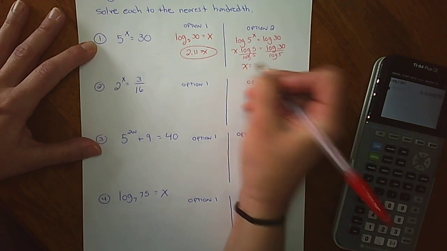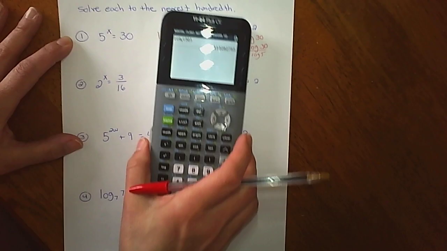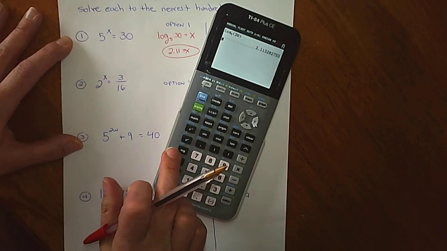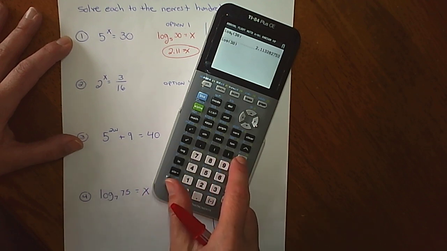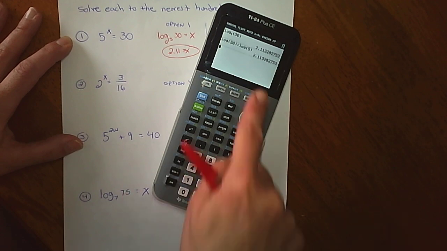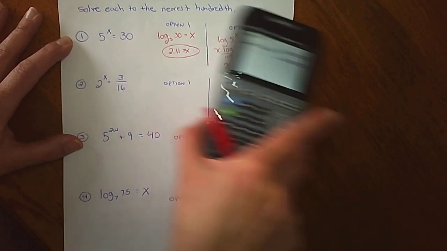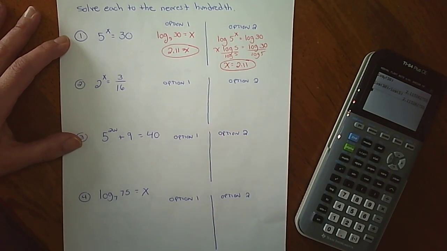So x equals log 30 divided by log 5, and I'm going to do that in my calculator. And again, the log button's right next to the 7. I'm going to hit log 30, close it, divided by log 5. And you notice we have the exact same decimal. And that has to happen. And there we go. That's the first one.